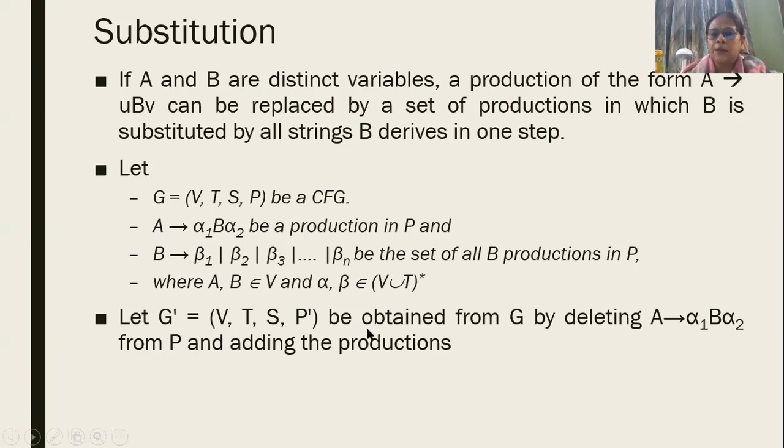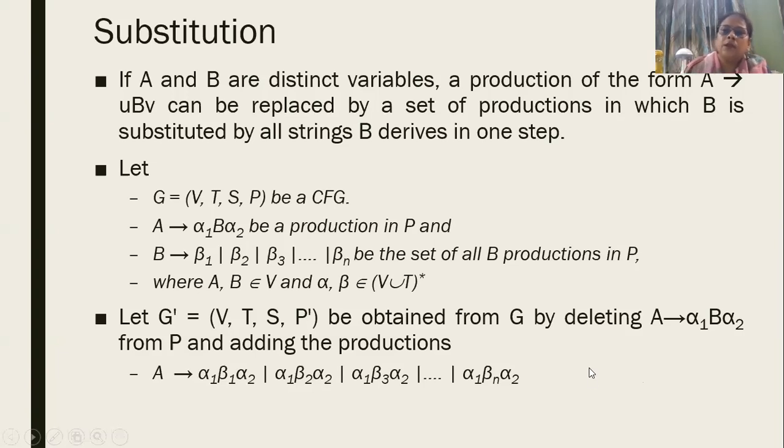To obtain this grammar, we replace this production by these productions. This process is called substitution. So sometimes you can use substitution to convert a given context-free grammar into Greibach normal form. Of course, if you use this method, then the language of both the grammars is the same. Hence, the grammars are equivalent.